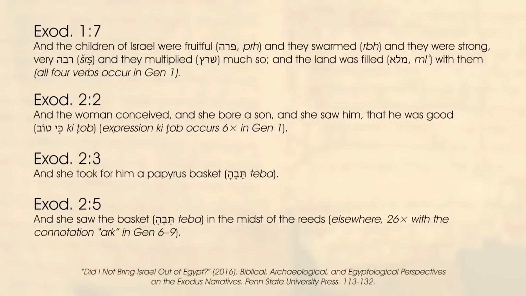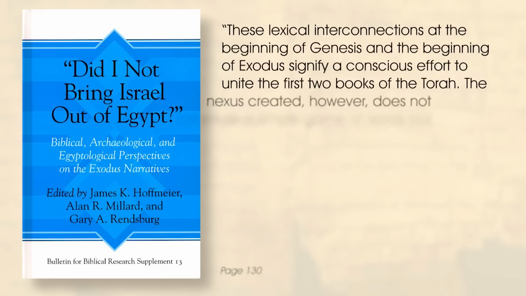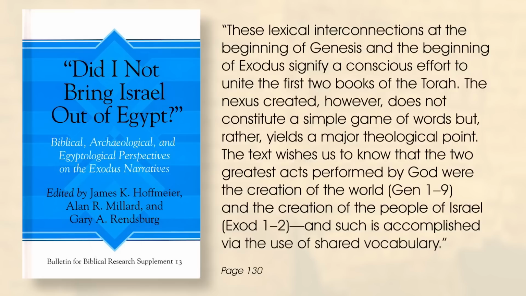Furthermore, Rendsburg notes before the plagues narrative, there are lexical parallels between the opening chapters of Genesis and the opening chapters of Exodus. Exodus 1 and 2 use many of the same verbs we see in Genesis 1, as well as using the same word for ark when Moses is placed in a basket in the Nile. These lexical interconnections signify a conscious effort to unite the first 2 books of the Torah.